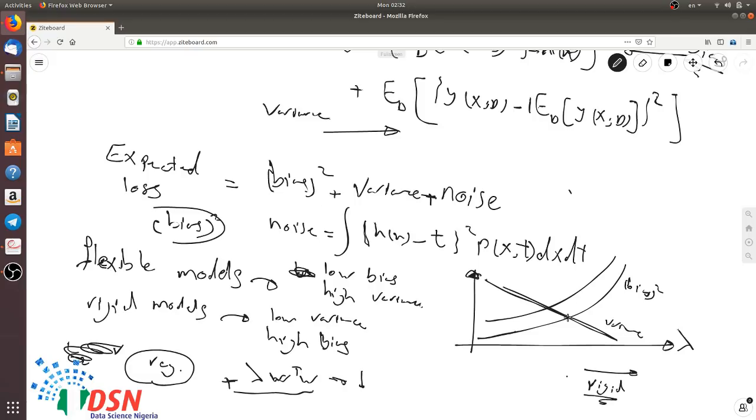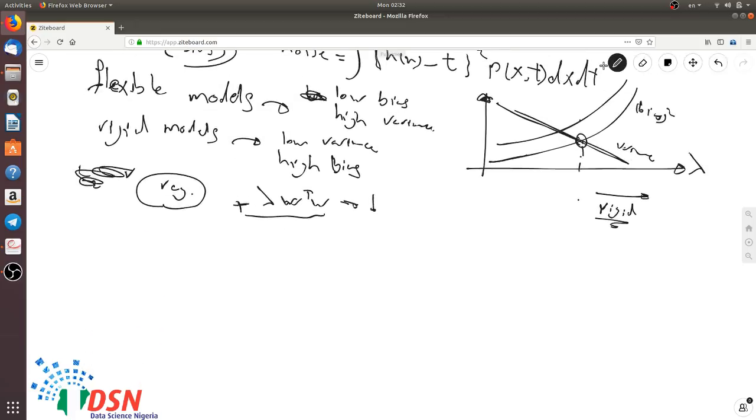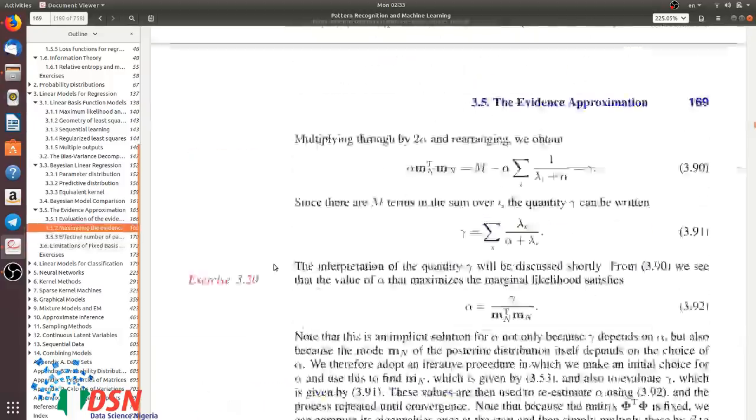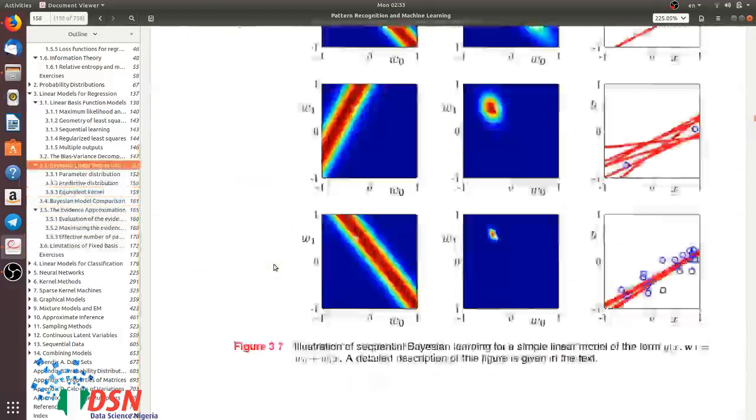And actually, this is the point that we want to be at. In here we have a good balance between bias and variance. Okay. Maybe it is better to show you an example from the book. Okay.